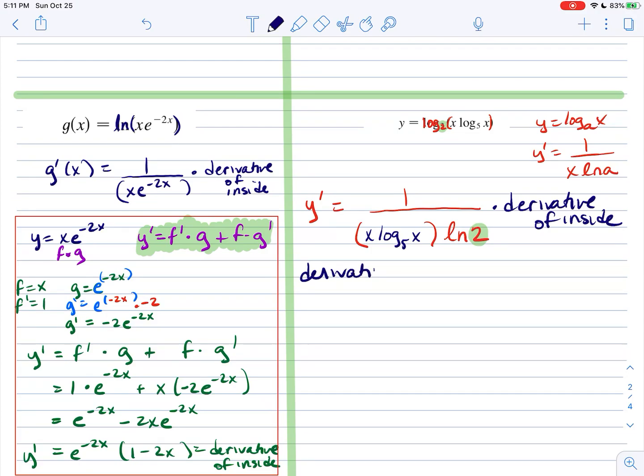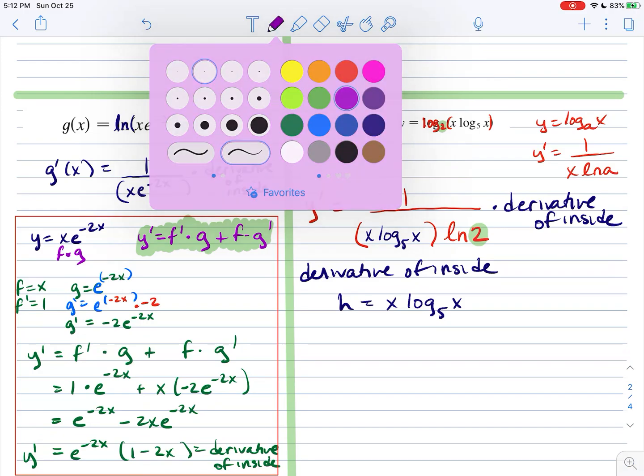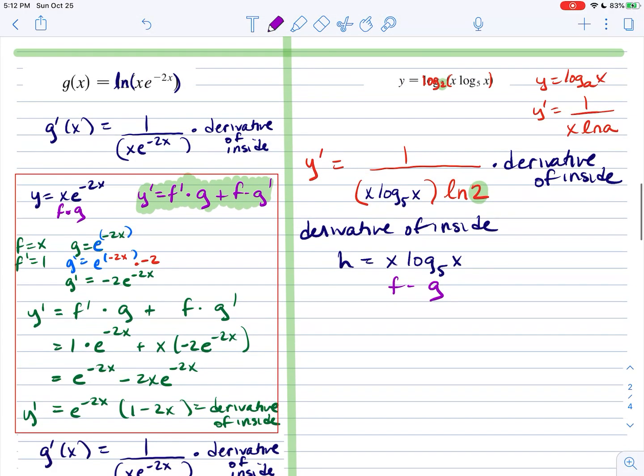Let's chain rule. So if I go forward and take my derivative of the inside, let's call that h, just for the sake of making a different variable change. This is x times log base 5 of x, derivative of the inside.